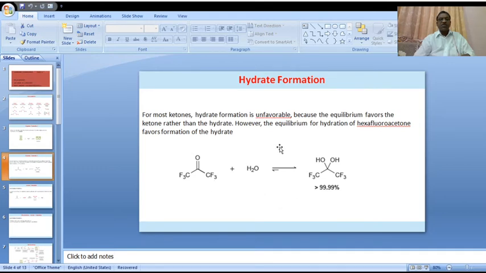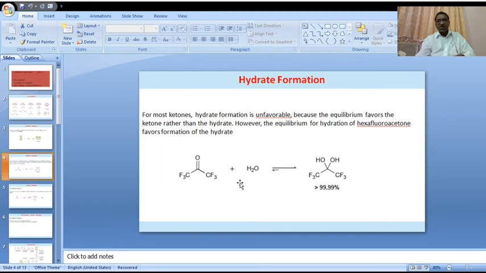For most ketones, hydrate formation is unfavorable because the equilibrium favors the ketone rather than the hydrate. However, the equilibrium for hydration of hexafluoroacetone favors formation of the hydrate.